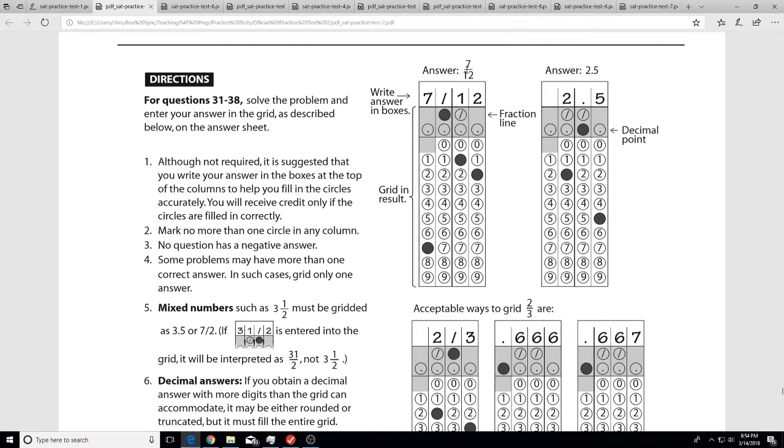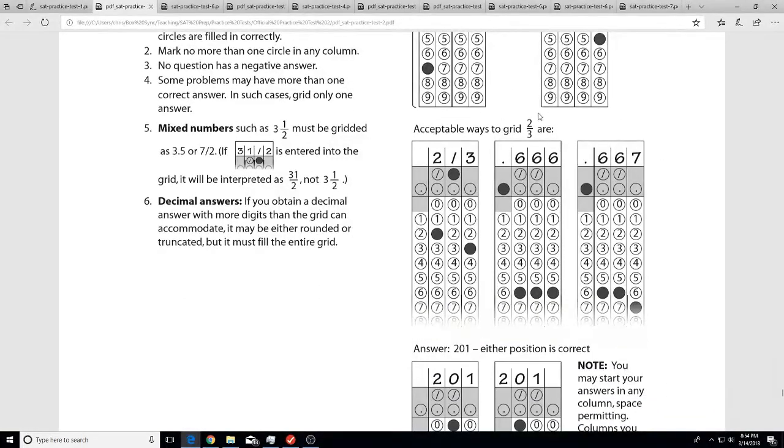So if you want an answer of 7/2, you have to write it up here and bubble in the answer choices. Now, when you are answering these types of questions, there's a couple ways you could do it. Leave answers as fractions or decimals. Now, all three of these answers are correct. If you give the SAT any one of these answers, you will get points.